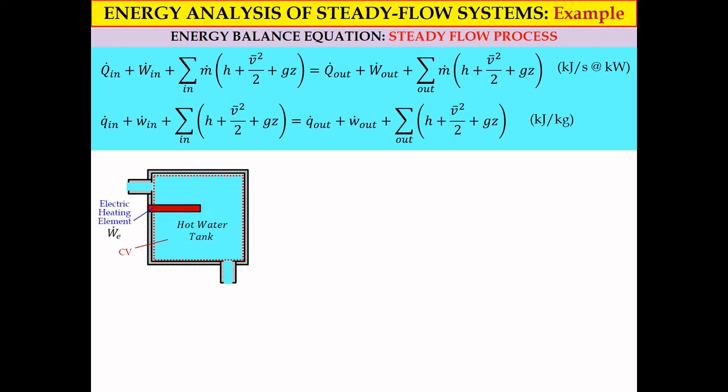We have an electric heating element where we need to supply electrical work, rate of electrical work, W E dot, and we have cold water entering the tank, represented by mass flow rate m dot 1, and the hot water coming out of the tank due to the presence of the electric heating element, with rate m dot 2, and the value of m dot 2 equals m dot 1 based on the conservation principle of mass.